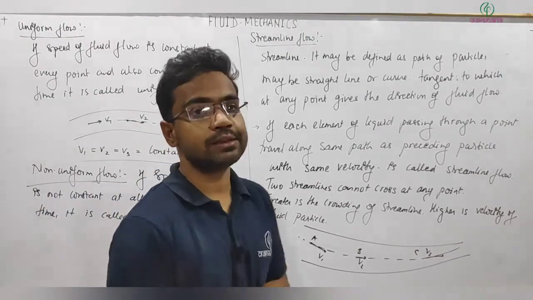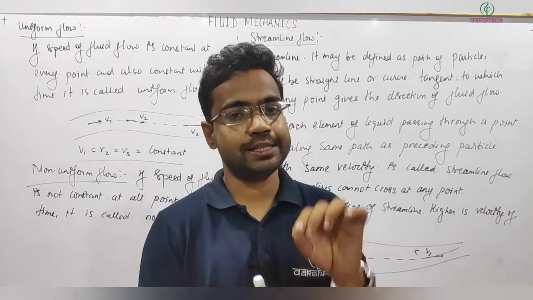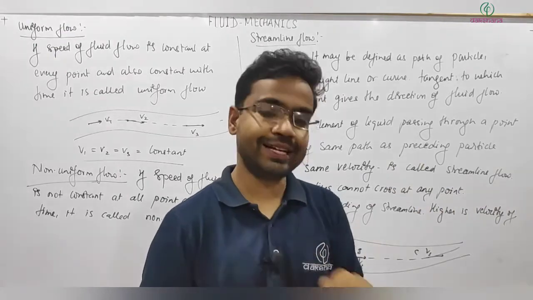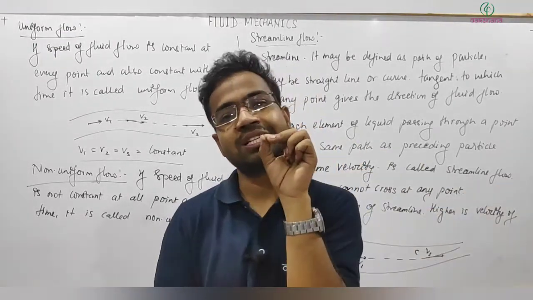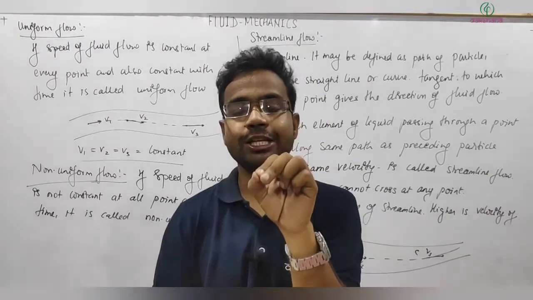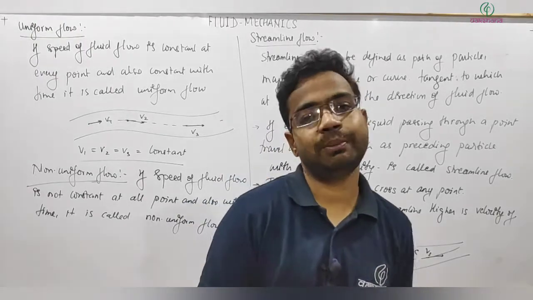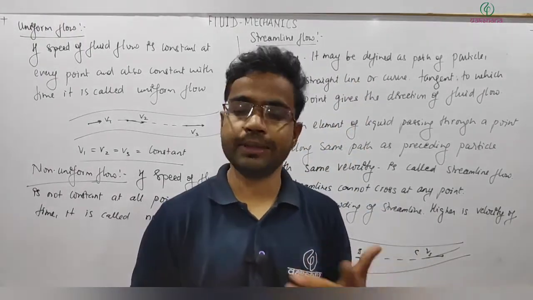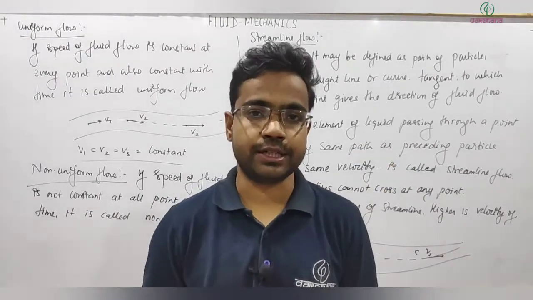Next comes streamline flow. So first thing is, what is a streamline? Streamline is defined as the path of a particle of fluid when it is flowing. If you trace the path of each particle, the path of the particle will be termed as a streamline. It can be curved, it can be a straight line, depending on the cross section and many other factors.